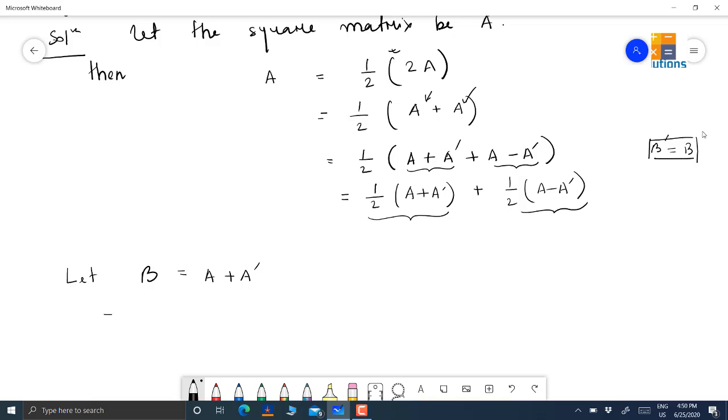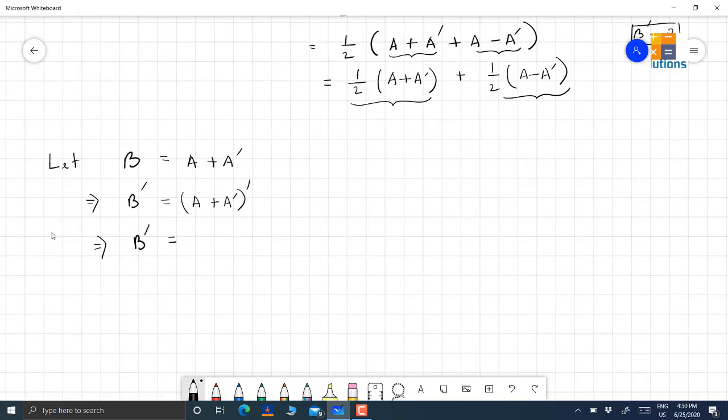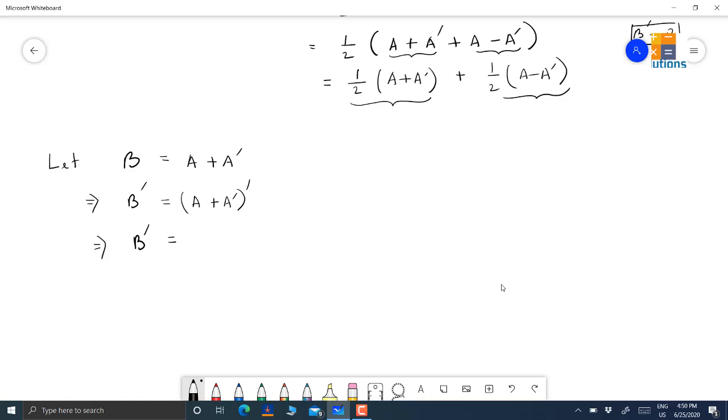So I find out the transpose on both the sides and get A plus A dash whole dash. After that, B dash will be equal to A dash plus A dash whole dash.